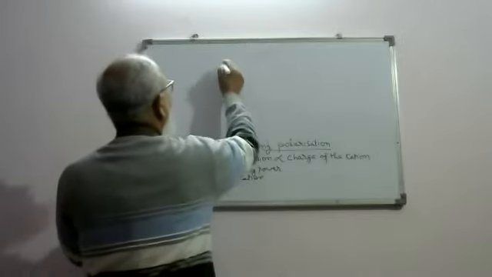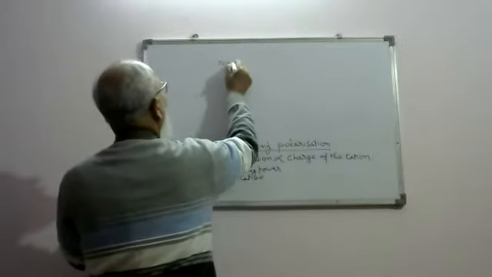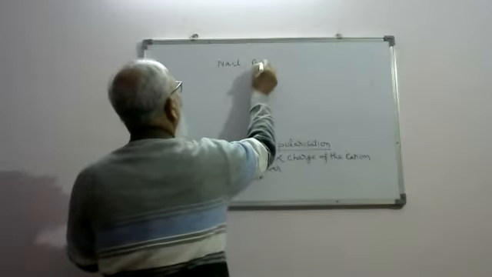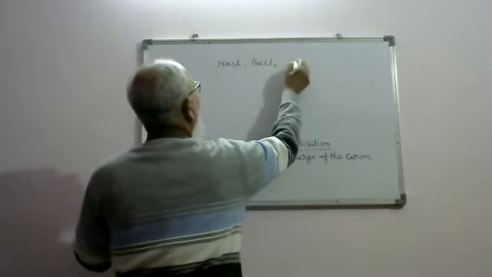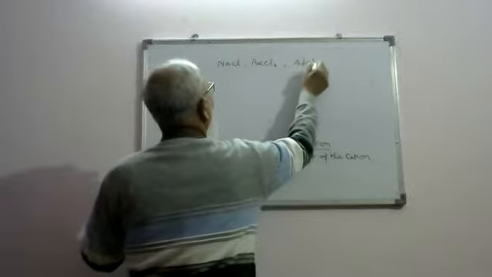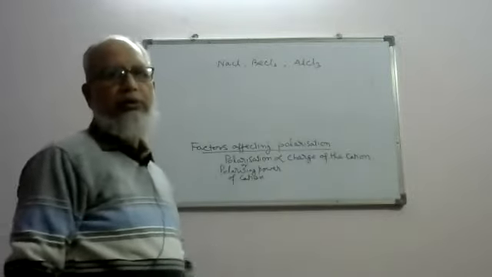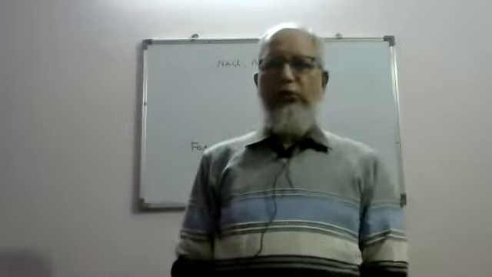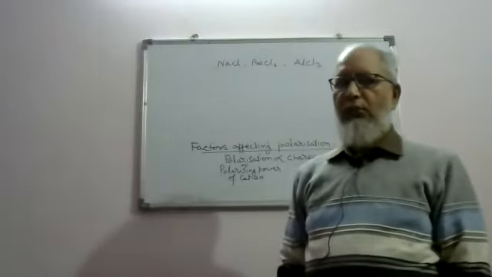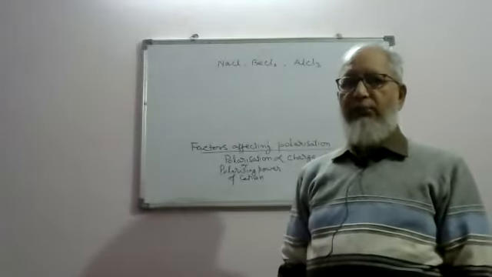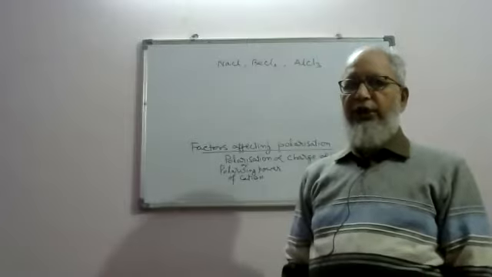Suppose NaCl, BeCl2, AlCl3. These are three molecules in which the anions are the same, but the cations are different.